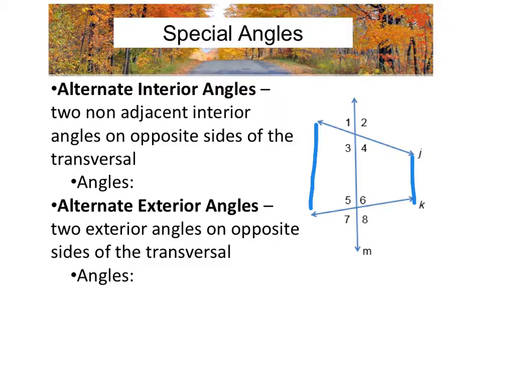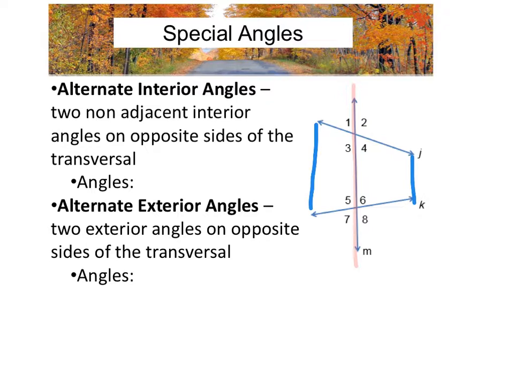Now, the word alternate means like opposite. So we're looking for 2 interior angles that are on opposite sides of my transversal here, but they're not adjacent. Okay, so for example, I couldn't say 3 and 4 are alternate interior because they're adjacent.